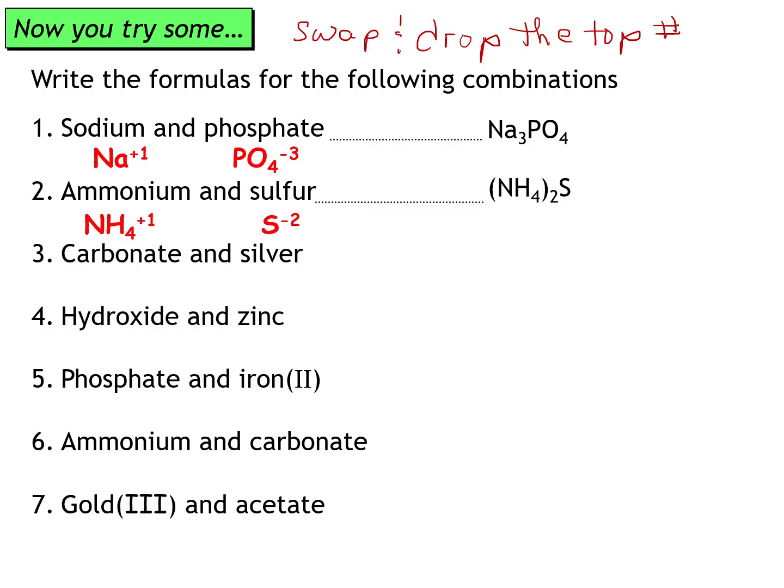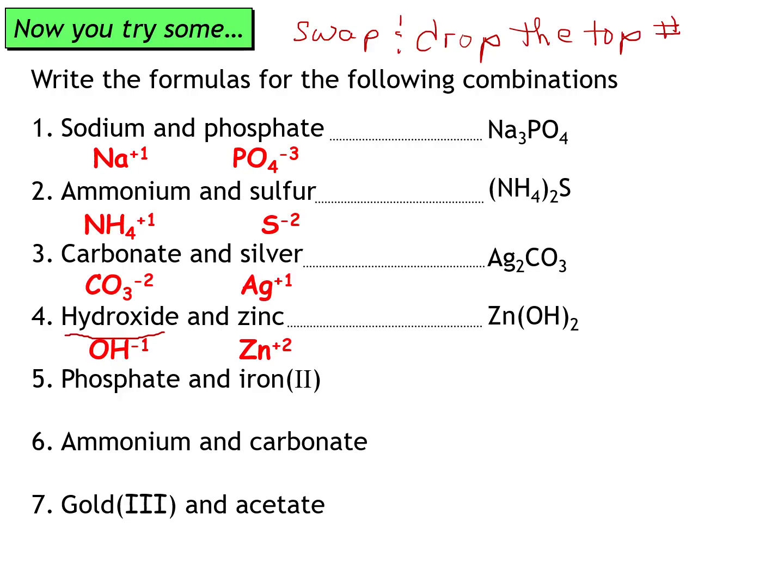Remember, silver is always +1, metals always go first, so you end up with Ag2CO3. Now here's hydroxide. That was the one I said that people have trouble with. It says it has hydrogen and oxygen in it, so we look that up. It's OH with a -1 charge. Zinc is always +2. So when you do the swap and drop and put the metal first, you end up with Zn(OH)2.